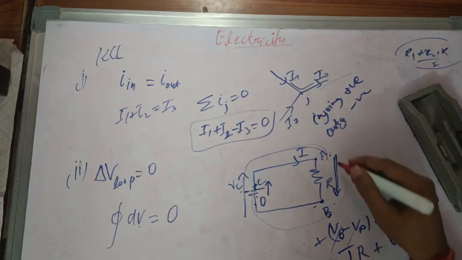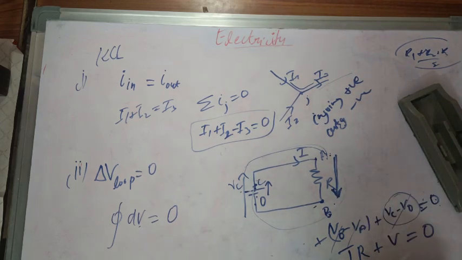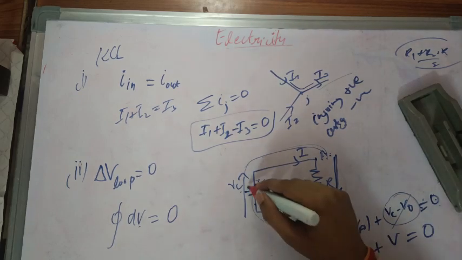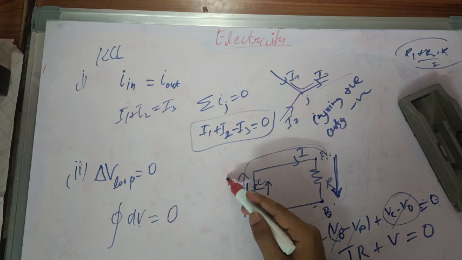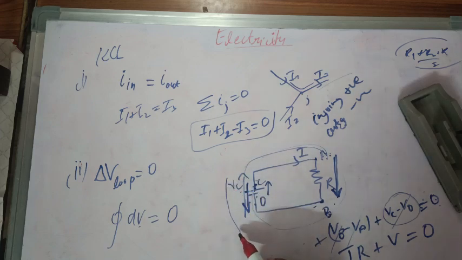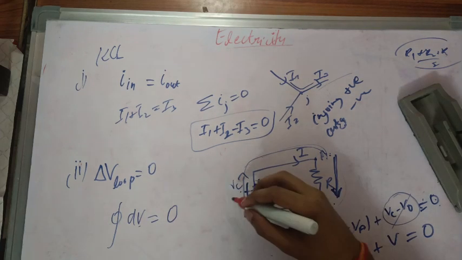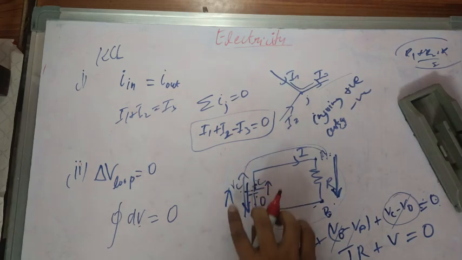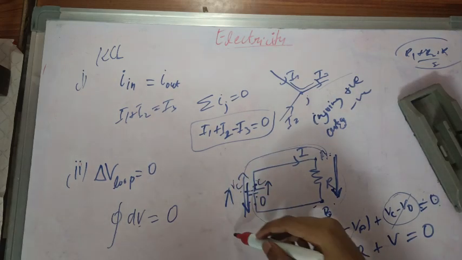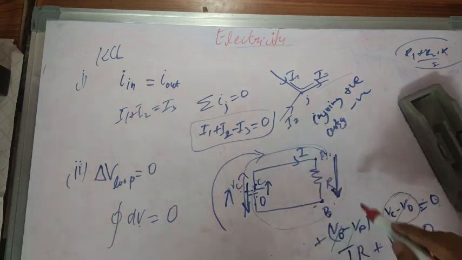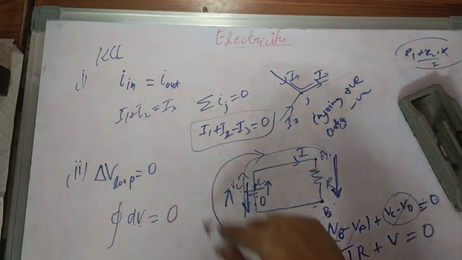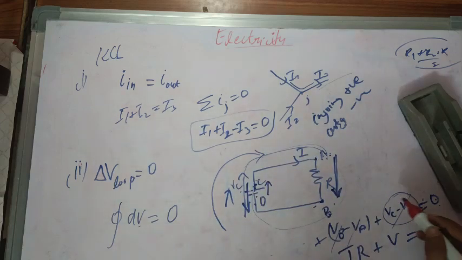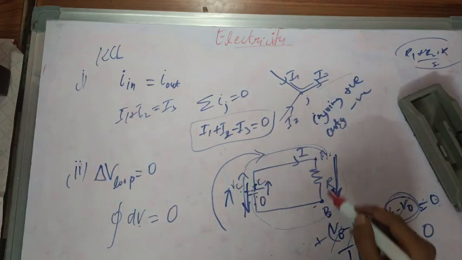Since the current is flowing in this direction and the potential drop I am taking is along this direction, this is the final potential and this is the initial potential. So if I am considering the potential difference in this clockwise manner, then we will get VC minus VD here and VB minus VA here.